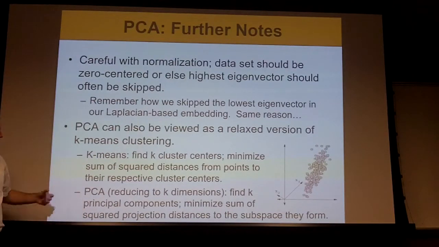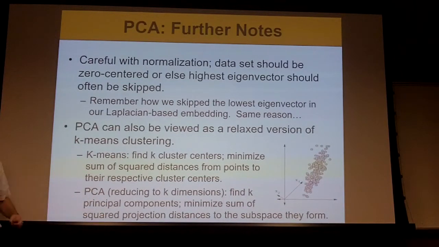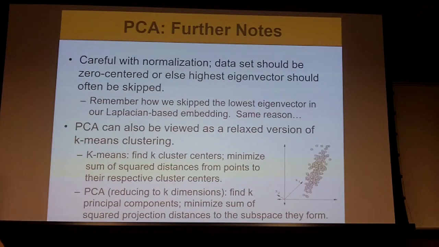So it actually has a nice interpretation. It's very closely related to k-means from a mathematical perspective. In fact, a lot of times people use PCA for clustering by first projecting their data down to a lower dimensional subspace with PCA and then running a clustering algorithm within that lower dimensional embedding of your data. That's a very common thing that people do. Okay, any other thoughts on PCA before I move on?